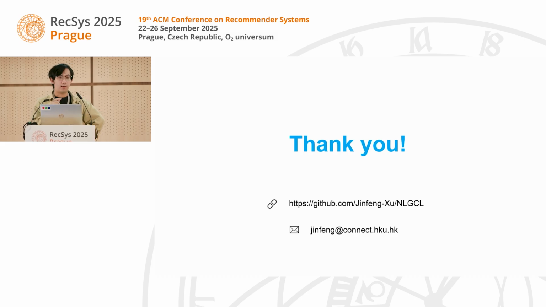Existing GCL methods always build one positive pair, and the contrastive views need some data augmentation operations, which may lead to task-irrelevant noise, because we need to use things like feature perturbation and structure perturbation to build these contrastive views.